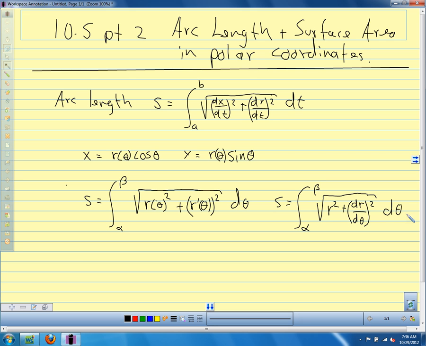The only conditions we have to be careful with here: we need to make sure that f has a continuous derivative. We don't want our derivative to give us any problems. And that our curve is only traced once on the interval where we're finding the arc length. So if the curve intersects itself, we have to find the arc length between those points of intersection. We can't go beyond those points. And if our limits of integration take us around the curve more than once, we have to be aware of that as well.